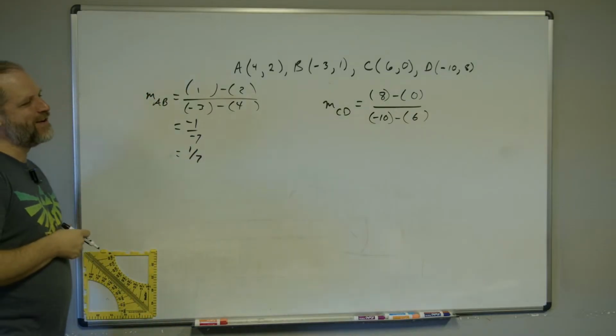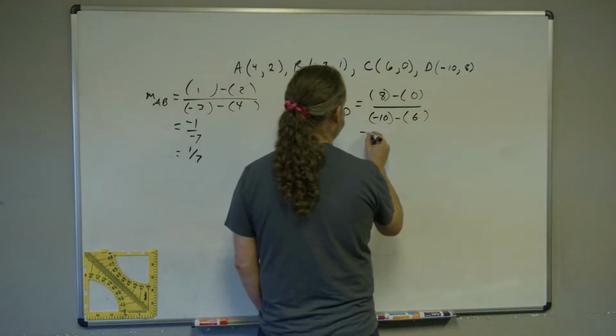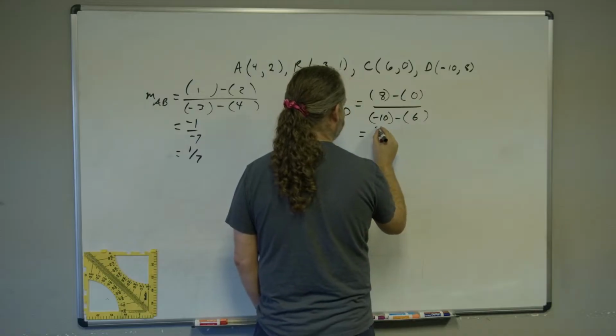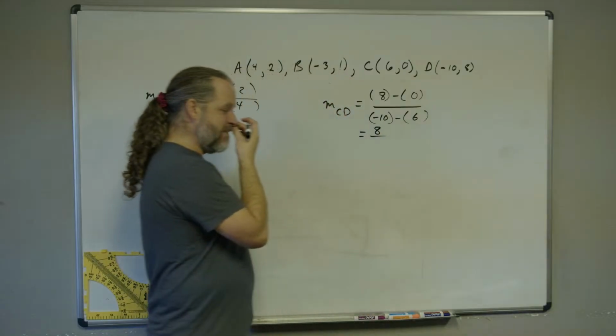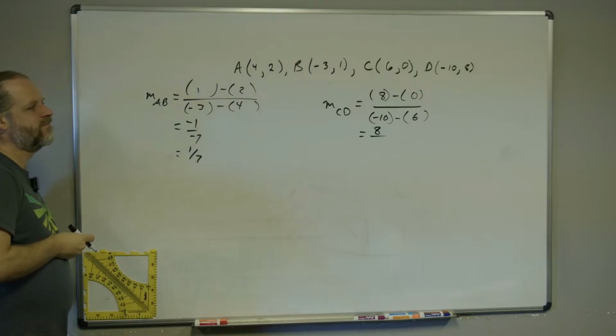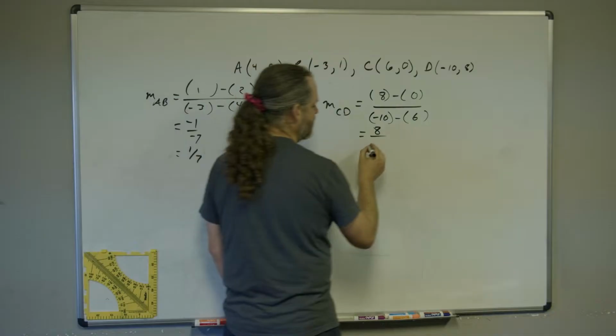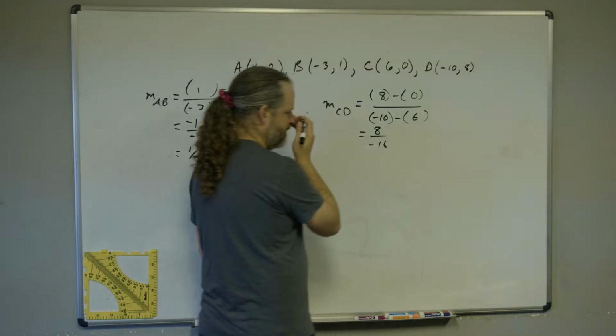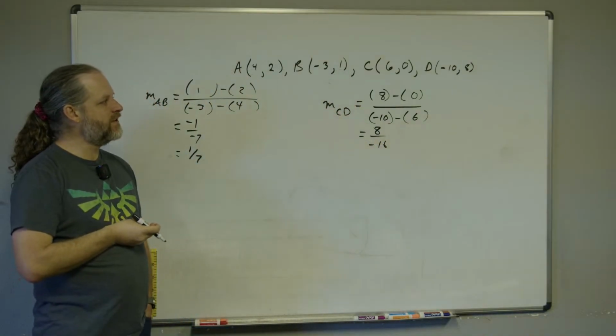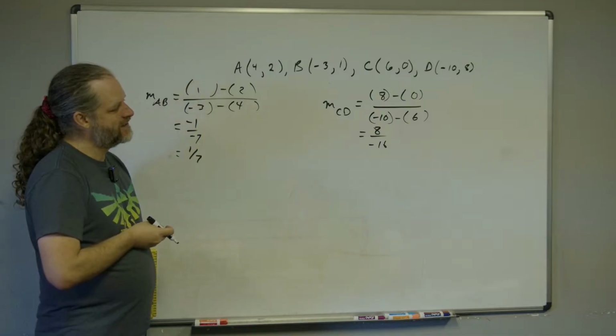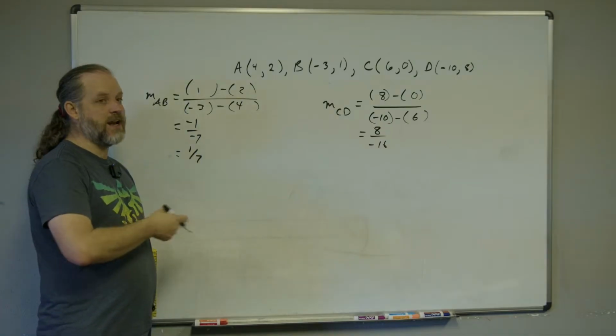What's 8 minus 0? And negative 10 minus 6? Negative 16. What now? Reduce. 4/8, which can go even further.